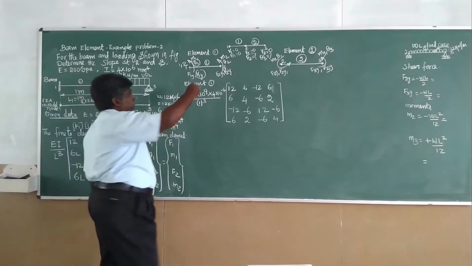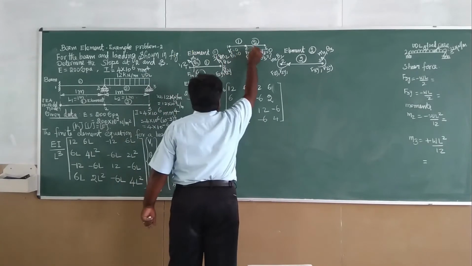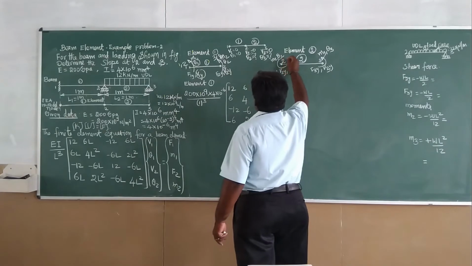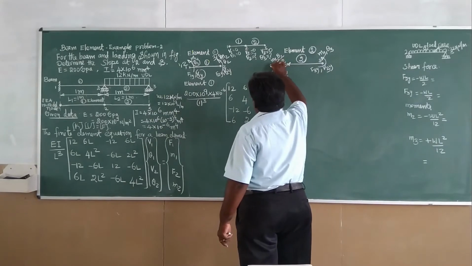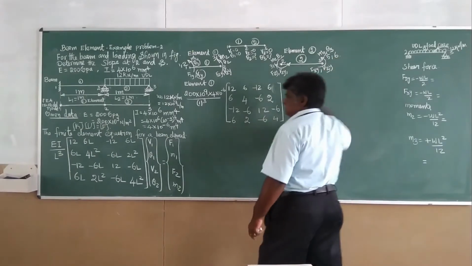So 1 and 2, then 3 and 4, then here also I will indicate 3, 4, 5, 6.